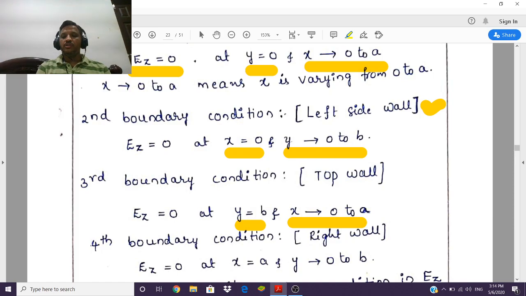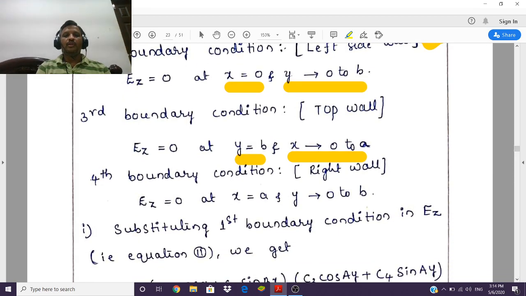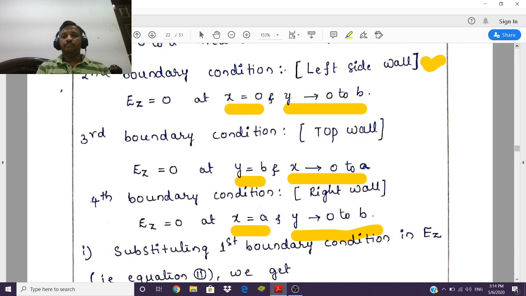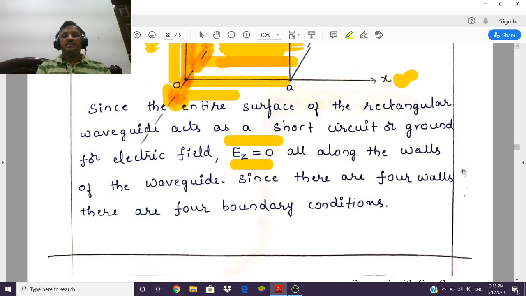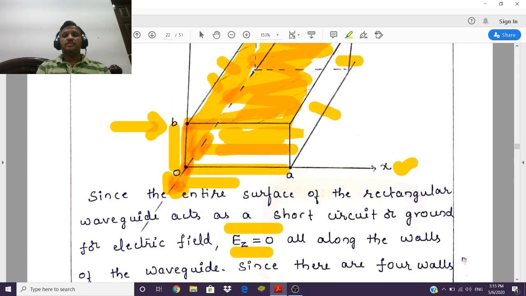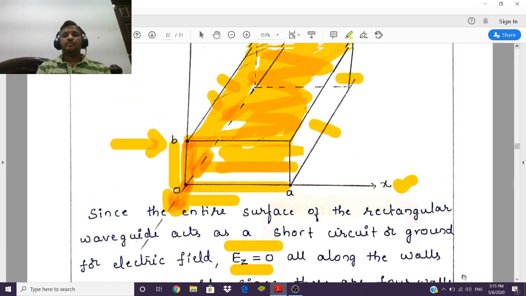And for the last one, which is the right side wall, x is fixed at a and y is ranging from 0 to b. This is our right side wall, which I am indicating.